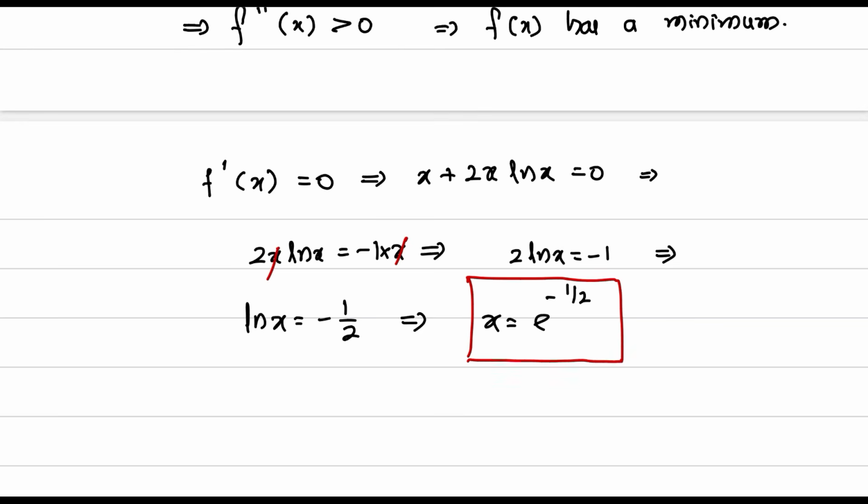So, because x cannot be negative, for the values 0 less than x less than e to the power of minus half, what happens to this function? ln x will be less than minus 1 by 2.